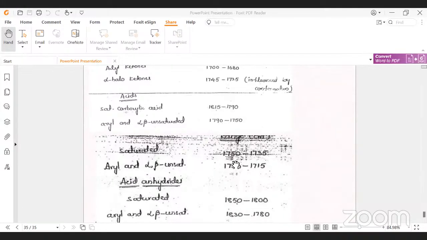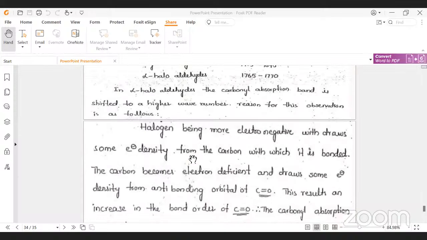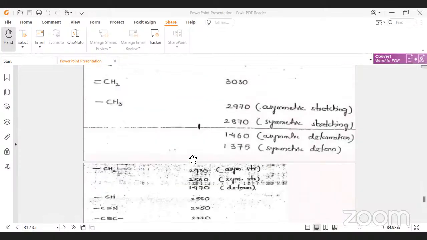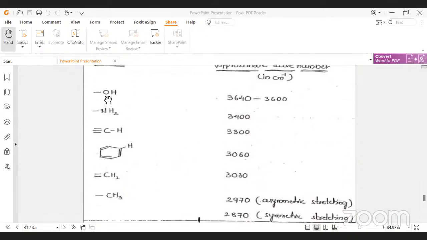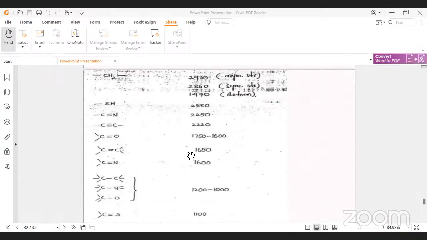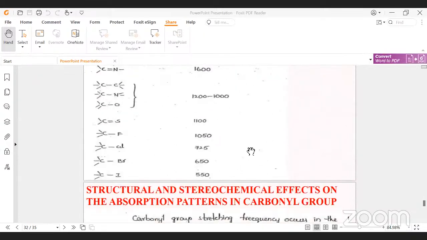You should memorize the basic saturated carbonyl group values, and the OH group value. If the compound has a donating group, the wave number is lower. If the compound has an electron withdrawing group, the wave number is higher.